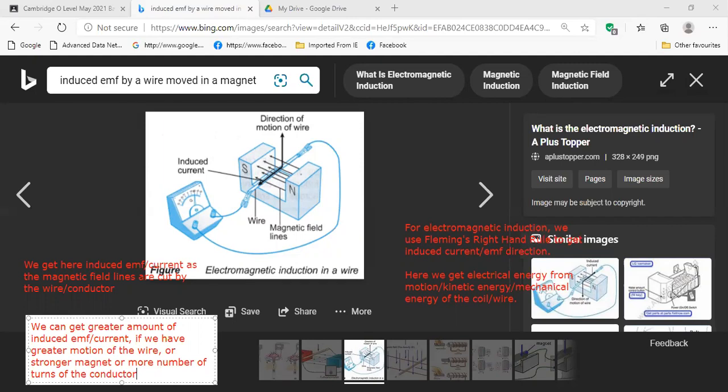If the motion or speed is more, I said here greater motion, that means greater speed, right? You can write speed of the wire, or stronger magnet, or more number of turns of the conductor. Is it clear? Conductor means wire, the copper wire we are using.